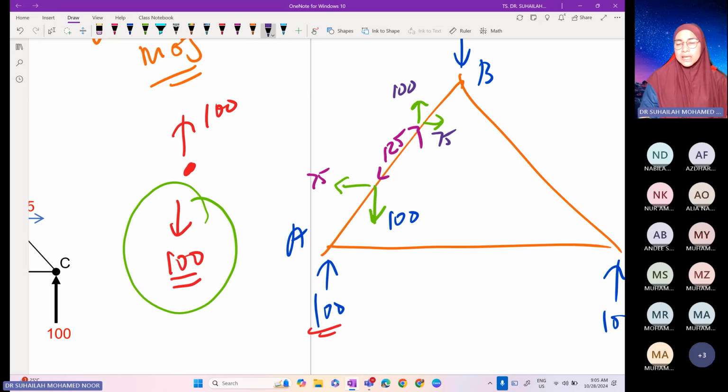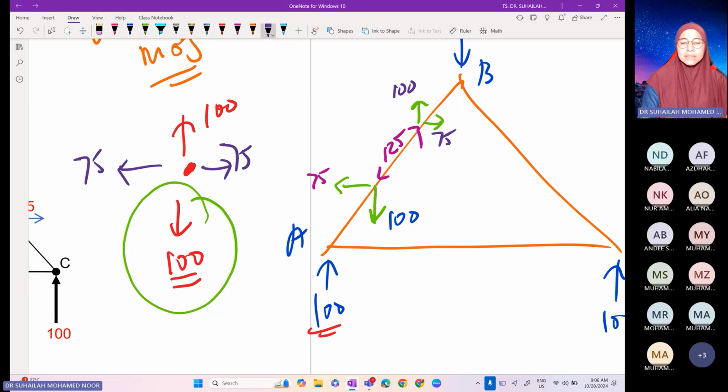Okay, so masih lagi kita dekat A. So dekat A now kita ada 75 pula sini. And this 75 juga kena balance. So kat mana nak buat balancing 75 ni?